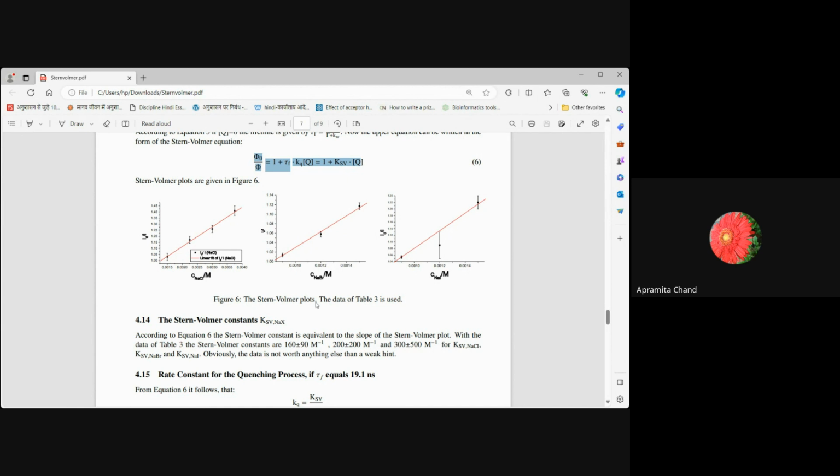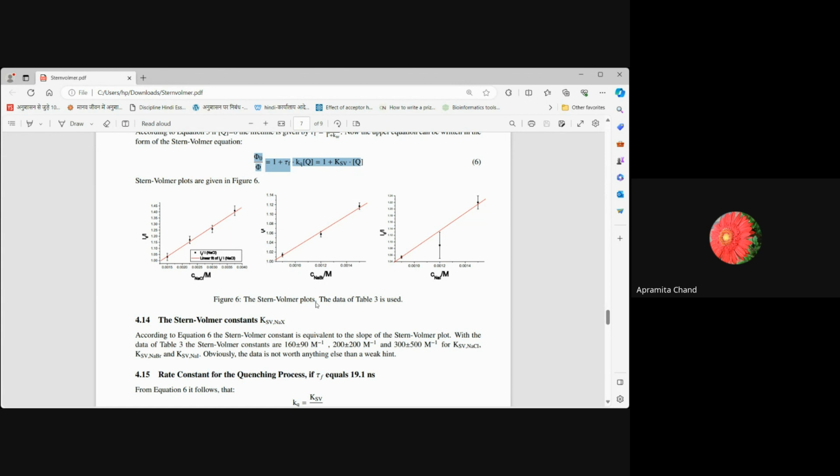So here you get I_0 by I or phi_0 by phi, and you can construct the Stern-Volmer plots. For the Stern-Volmer plot, what will be the slope? The slope will be equal to the Stern-Volmer constant. If we take y equals mx plus c, the intercept will be 1.